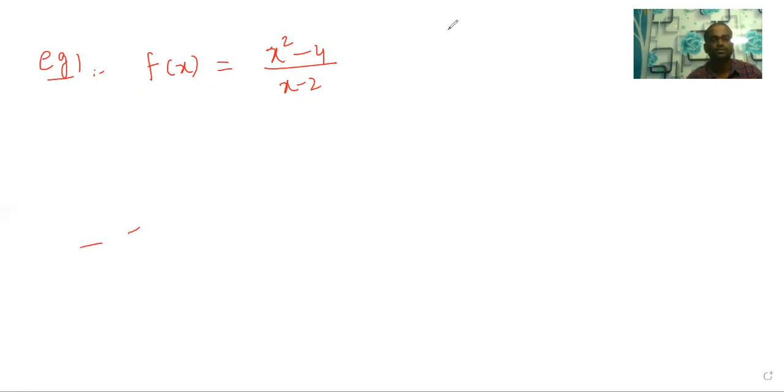Clearly, it is a rational function, defined only when the denominator is not equal to 0. So x minus 2 not equal to 0 implies x not equal to 2. So f of x is clearly not defined at x is equal to 2.